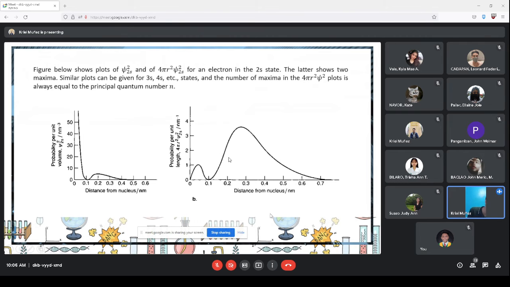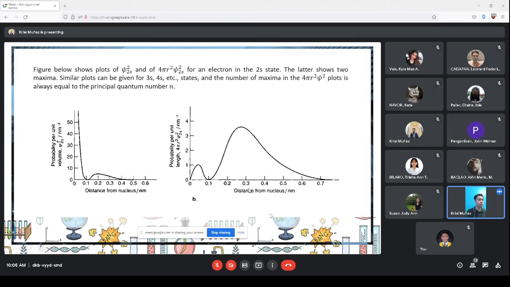This one, class, is for psi squared only. This one is the 4 pi r squared psi squared. So this is our probability density per volume. As you can see, class, we still have what we consider as nodes, meaning it still drops to 0, and then we have maxima.